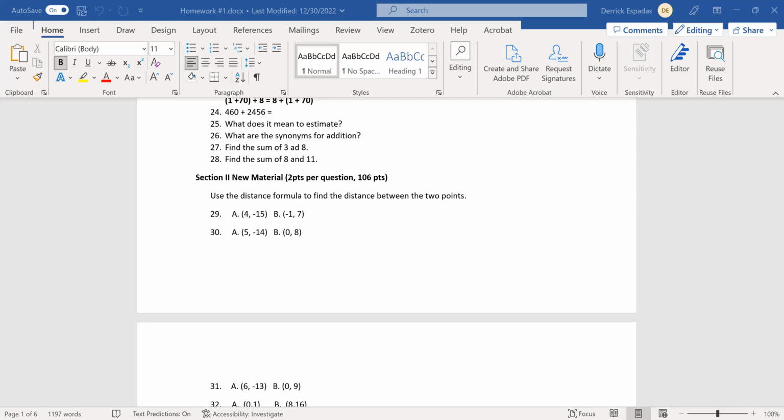So let's get started. So there are our 2 points. And you know what? So we can be consistent, let's just start highlighting. So that's going to be my x1. This one's going to be my x2.